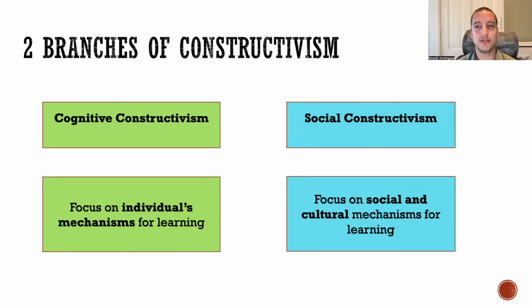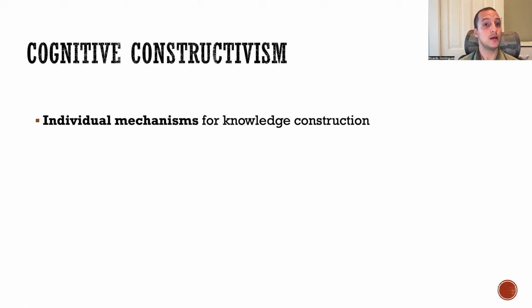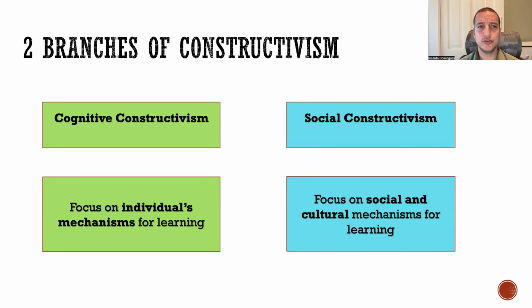So the unit of analysis between those two branches is very different. Cognitive constructivism tries to understand individual mechanisms for learning, while social constructivism tries to understand social and cultural mechanisms for learning. So let's see those two branches in more detail, shall we?